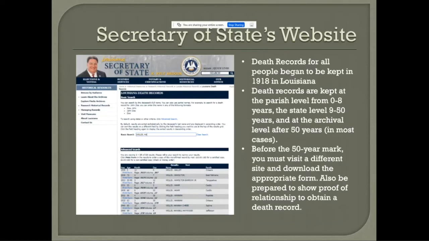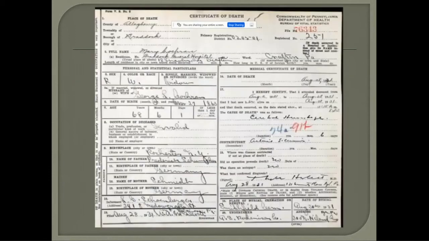Price goes up considerably to get one. $35, I think, is what we're charging now. And you have to prove that you have a relationship. Anyone can look at the older death records. Newer death records, you have to be grandparent, grandchild, brother, sister, parent, in that direct linear line. So you may not be able to get more recent death records.